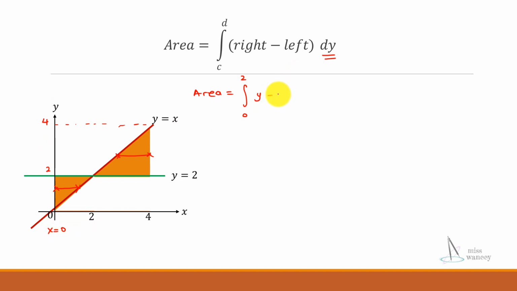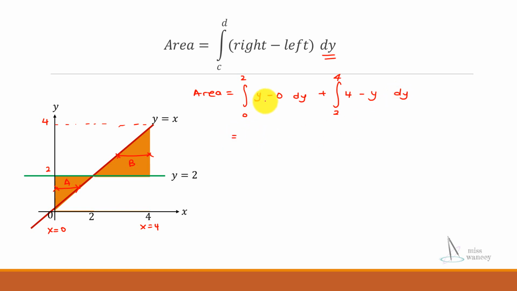So I'm going to do y minus 0 dy plus, so this is region A. So for region B, I have to integrate starting from 2 up until 4. And then the function on my right hand side is actually x equal to 4. So this is 4 minus. The left hand side is x equal to y. So this is 4 minus y dy.